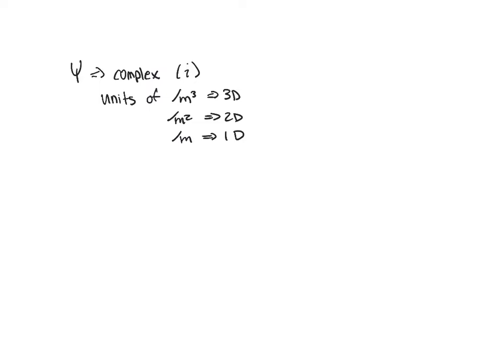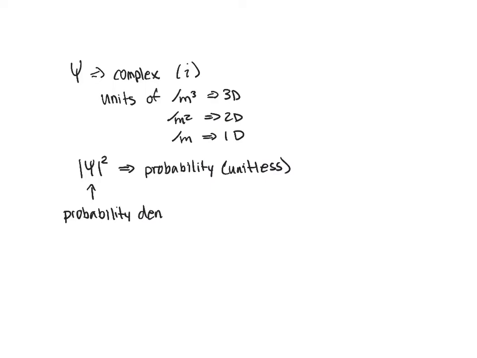So if we are going to associate the square of that wave function with a probability, we know that probabilities are unitless. So really what this tells us is what's called the probability density of the particle, meaning the probability per volume for 3 dimensions, per square meter for 2 dimensions, and per meter for 1 dimension.